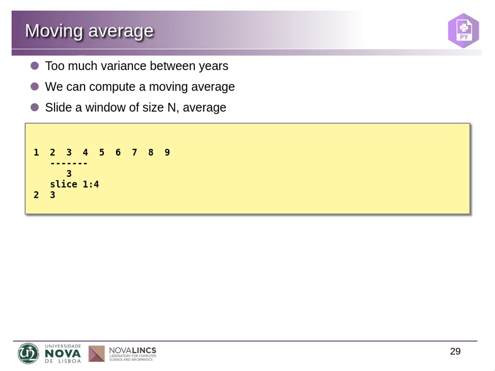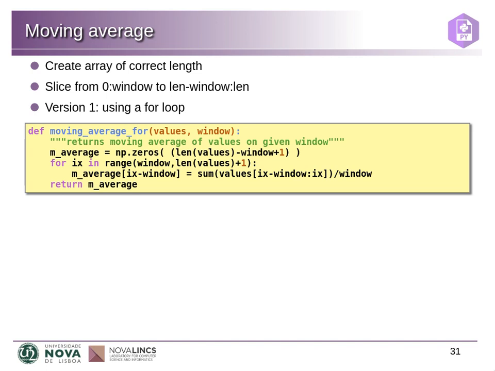So we can do this, and we put in that array the sum of all these values divided by the size of the window. This will be the average, or we can just compute the mean or something like that. So this gives us an array with a moving average.